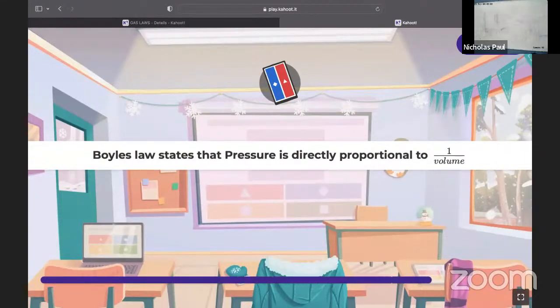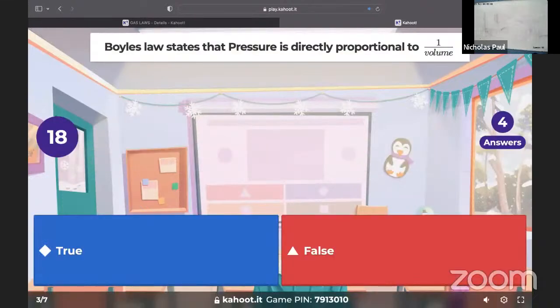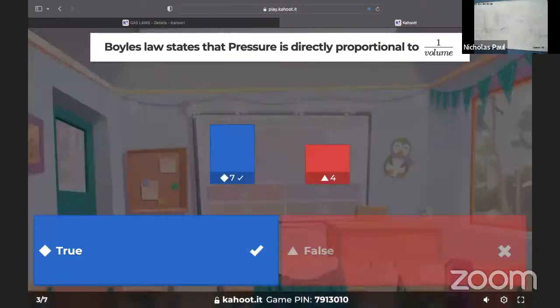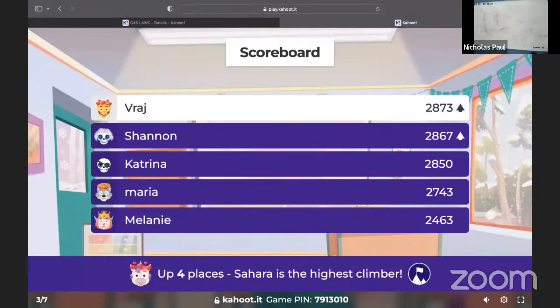True or false? It's not tricky though, right? The answer is true. I switch it around as 1 over V, so that's why it was directly. Nice job, Varaj.